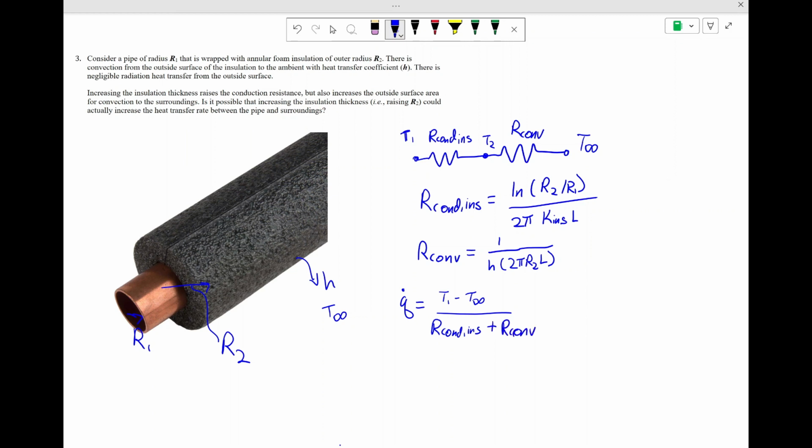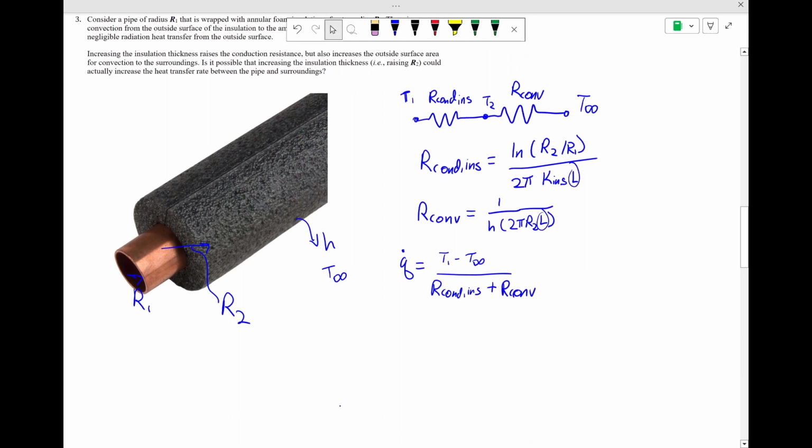If our question is, could raising R2 increase the heat transfer rate between the pipe and the surroundings, then that means, could increasing R2 reduce the denominator of this expression. So let's isolate the denominator here and recognize that both of these have a factor of L that we can factor out, so we can write this on a per length basis.